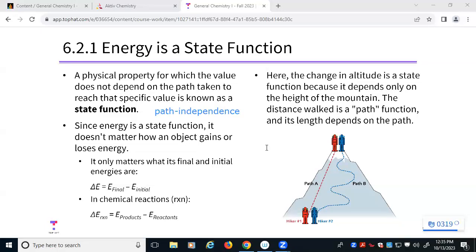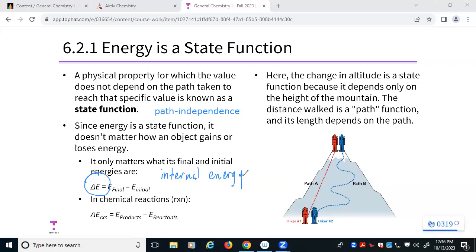We're at a higher gravitational position. What we're going to see here, we've got our first variable here. And that first variable, delta E, is how we're going to measure the change in internal energy.